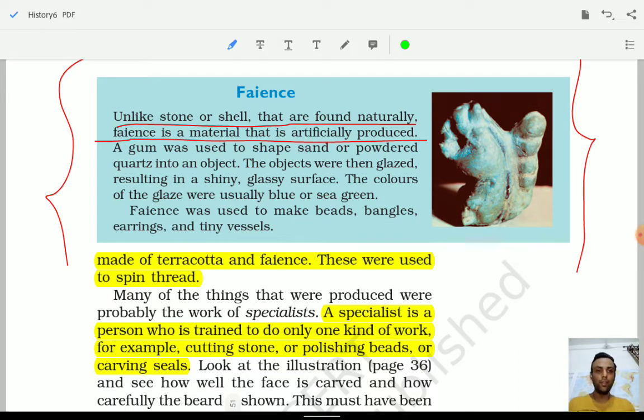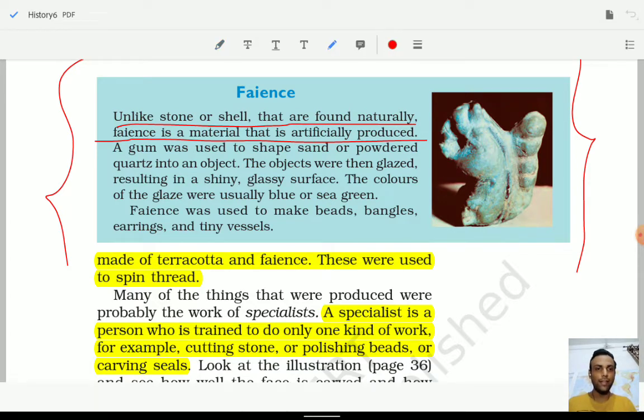Look at this shape on the right-hand side. If you look at it closely, it is a little bit bluish, right? And why was that? Because the object was glazed, and because of the glaze they used, it is all shiny and glossy.